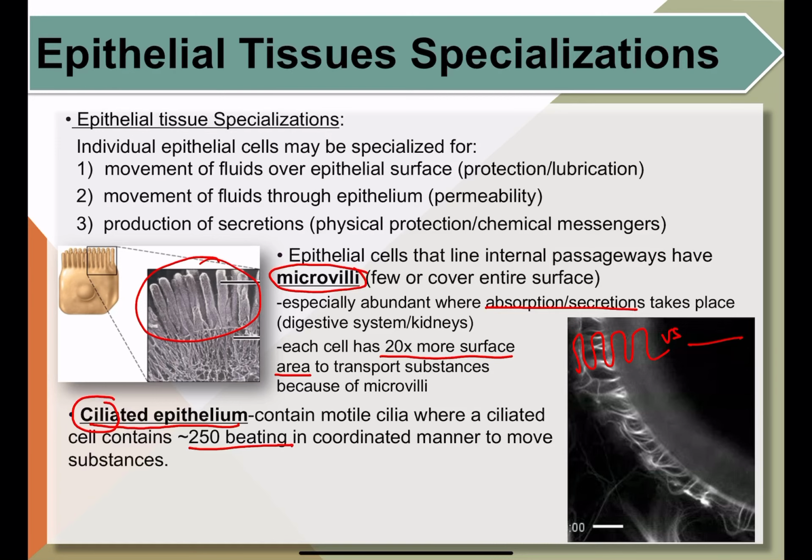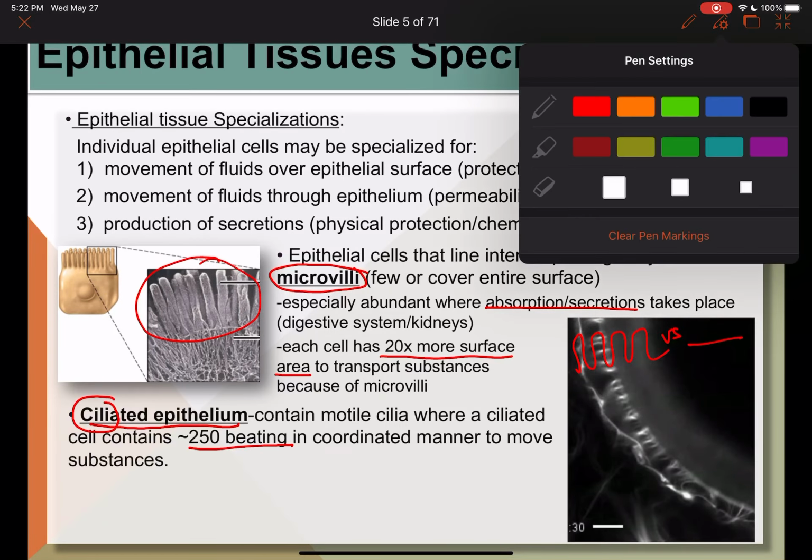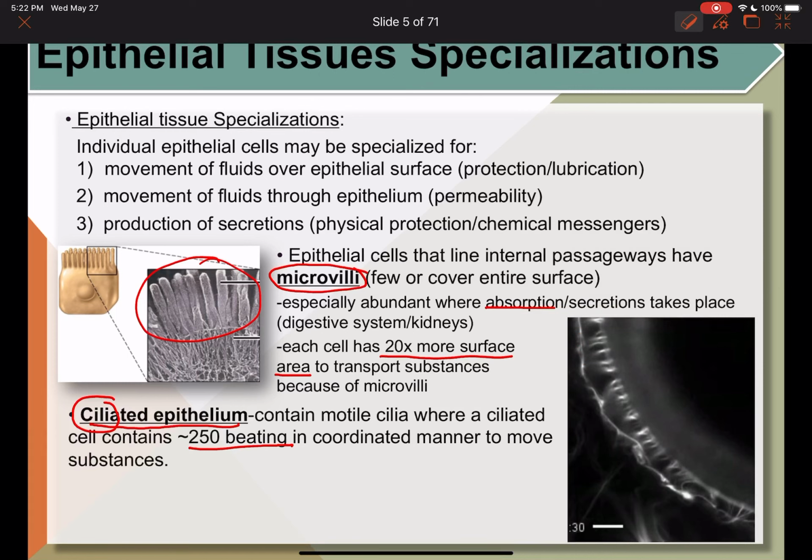Note the one direction. Let me erase that curvature so I don't end up covering up stuff. Something important for cilia beating is that it must be coordinated and always in one direction.